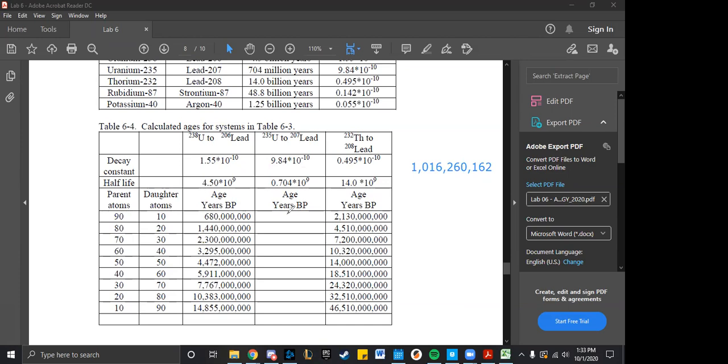Yeah, that's what I got. Okay, and then you multiply it by this big number. I got 107,073,694.6. Are you going to put that whole number minus the decimal? Yeah, just for right now.